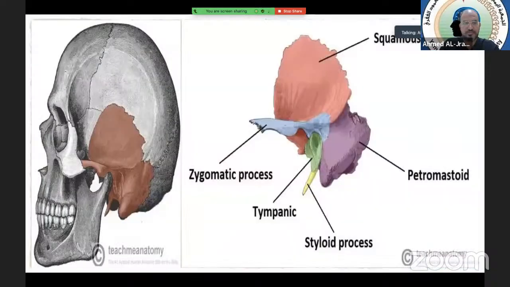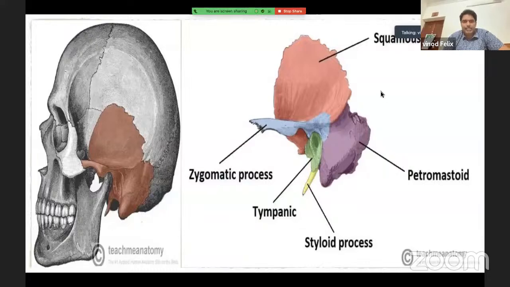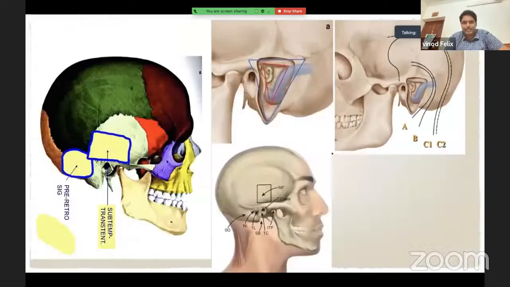Sure. So let's start with the basic anatomy. What you're seeing is the temporal bone highlighted in this image, and the different parts: the squamous part, the petromastoid part, and the tympanic part, and the two processes, the zygomatic and styloid processes. This bone is important to the skull base surgeons because there are a lot of approaches to the skull base which are centered around this bone.